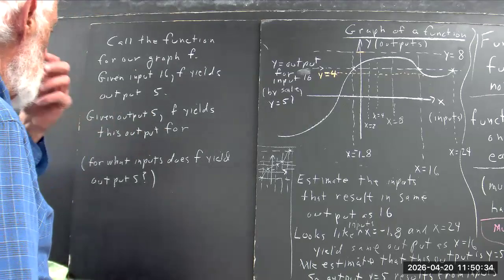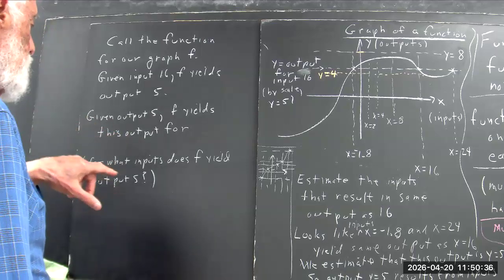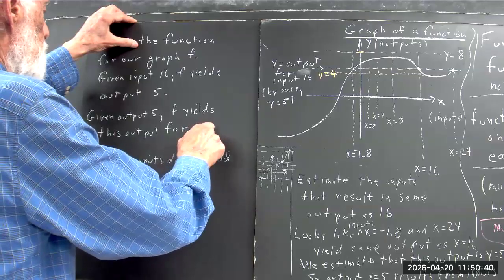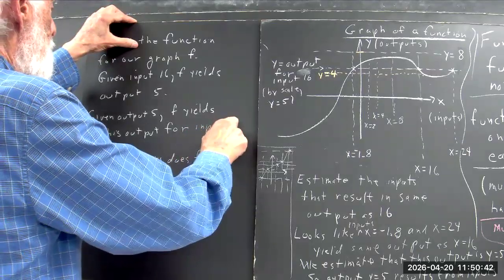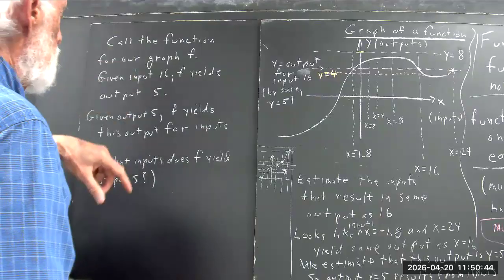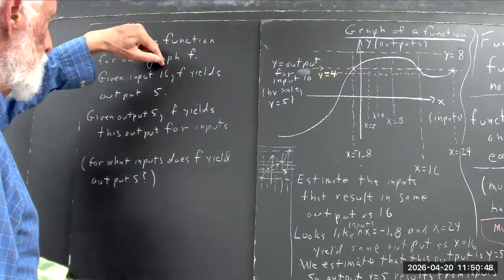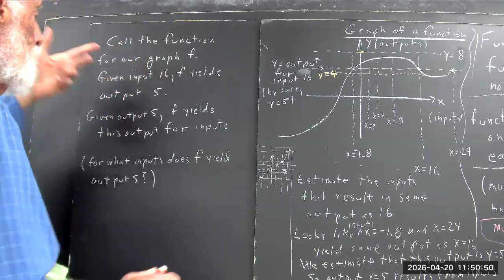Given the output 5, F yields the same output for which inputs? Well, for input 16, it gives you output 5.